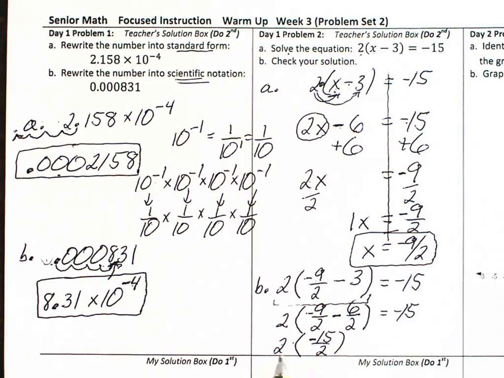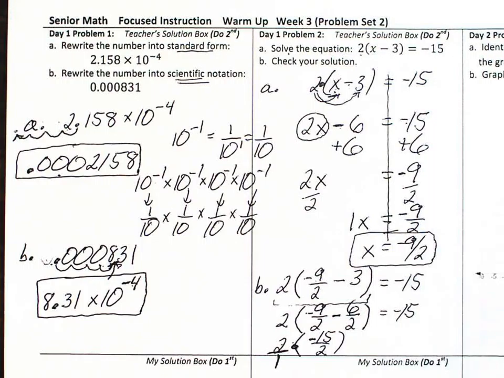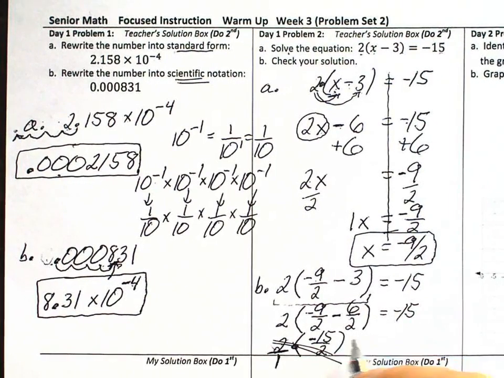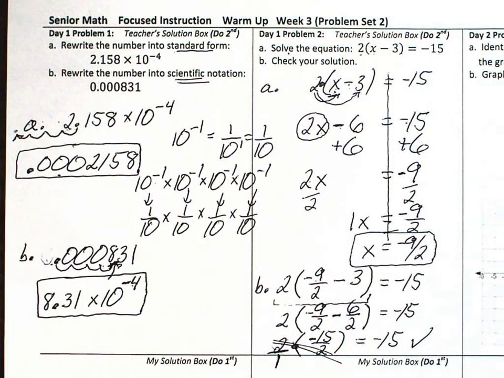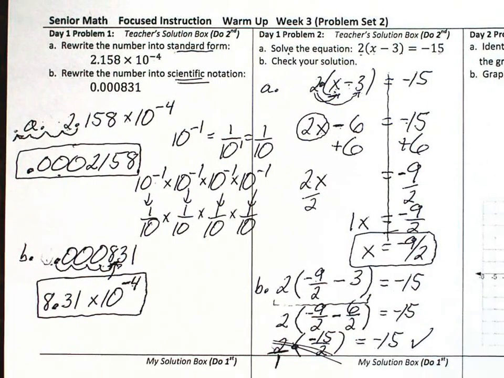If we think of the whole number 2 as 2 over 1, and then multiply by this fraction, you might notice the cross-canceling that happens with the 2's. This 2 in the numerator, this 2 in the denominator, cross-cancel, and leaves negative 15. So negative 15 equals negative 15. That checks, and that means that this is the correct answer for x.